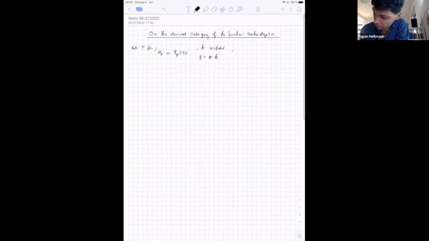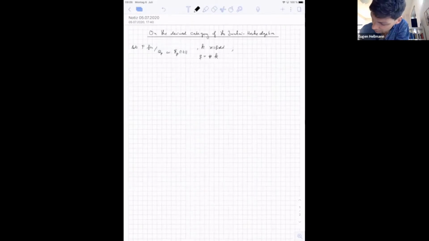Then there will be a lot of representations coming up, and I want to have a field of coefficients. So all the representations I will consider are with coefficients in C, an algebraically closed field of characteristic 0.